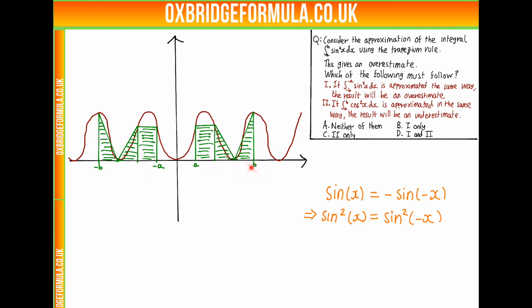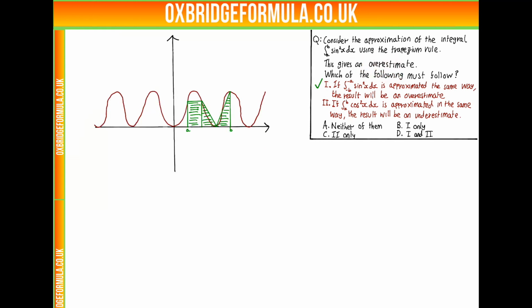And we knew that this was an overestimate when we did it here, so it would imply that this is an overestimate too, because all the issues of underestimating areas remain. All the area calculations are essentially the same because the function is even, and we've just reflected our trapeziums and put them over here. And so we know 1 must hold if we have an overestimate here.